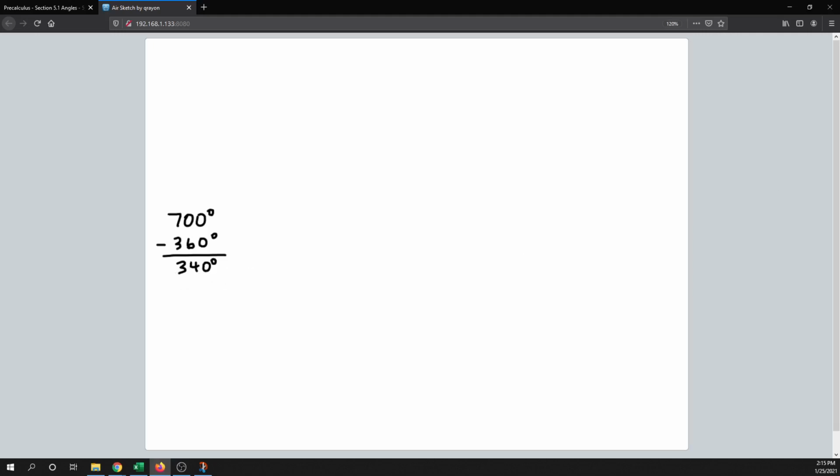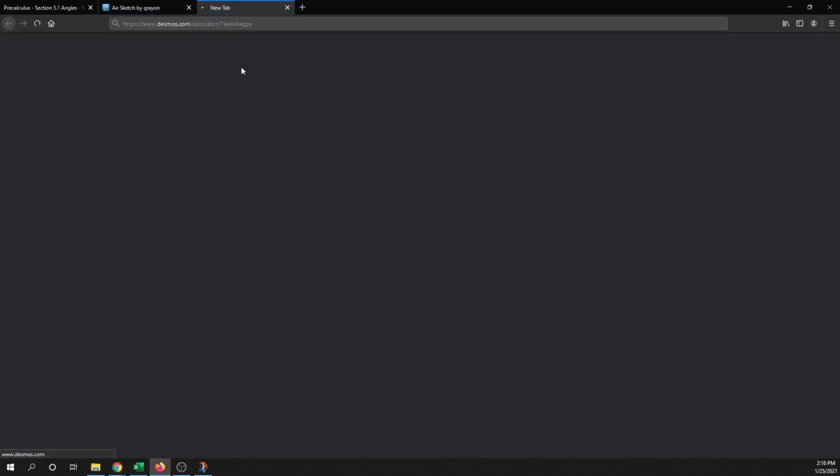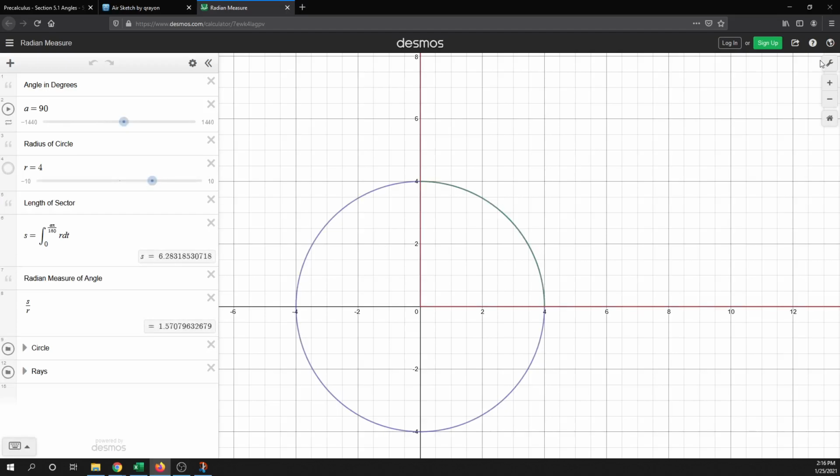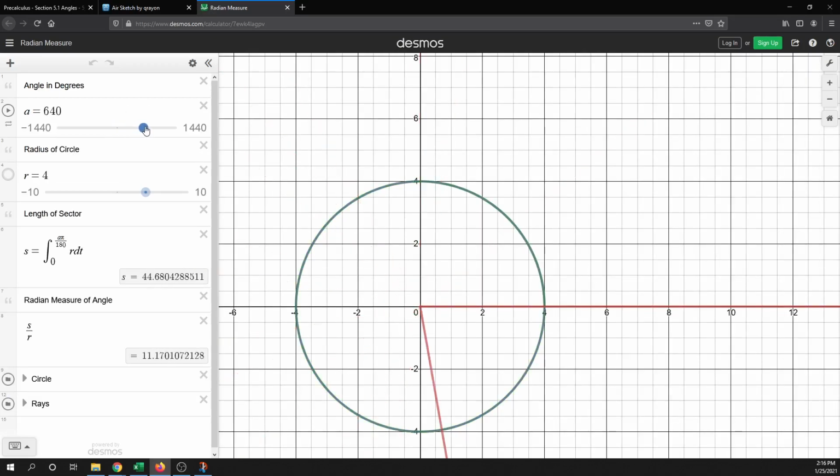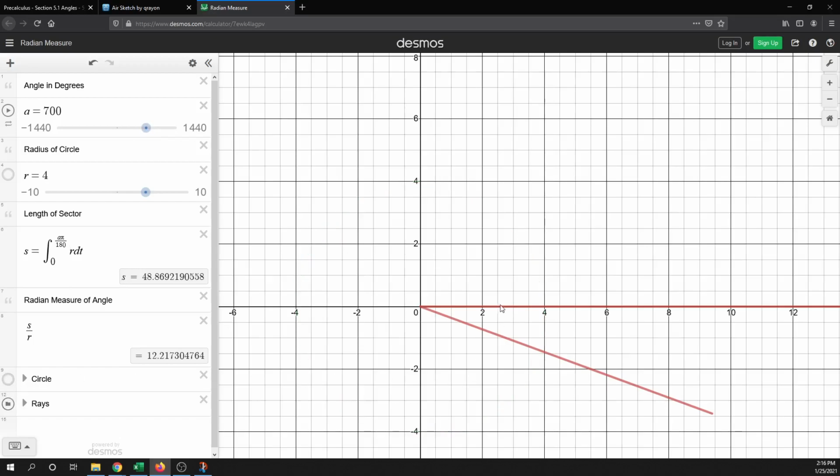Now let me pull up Desmos again and take a look at that. So 700 is right here. 700 is what we would get if we rotated all the way around and then almost twice around, stopping right here.